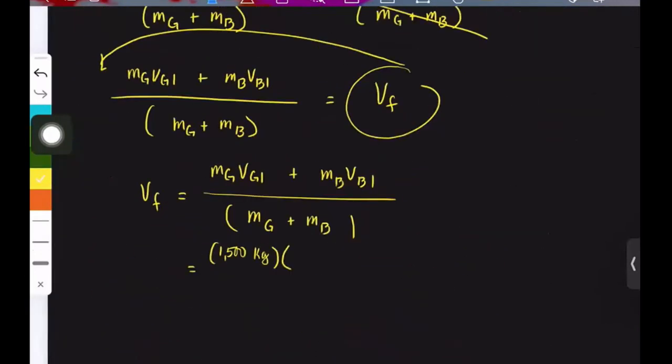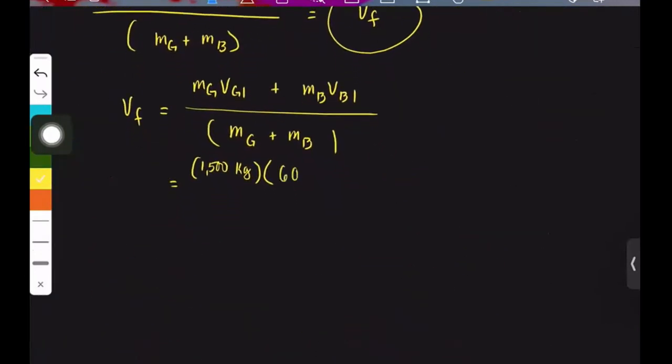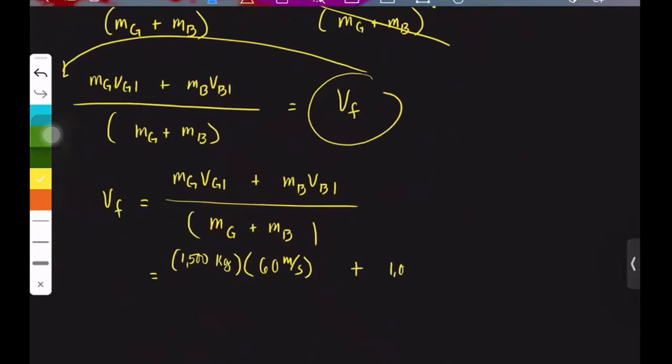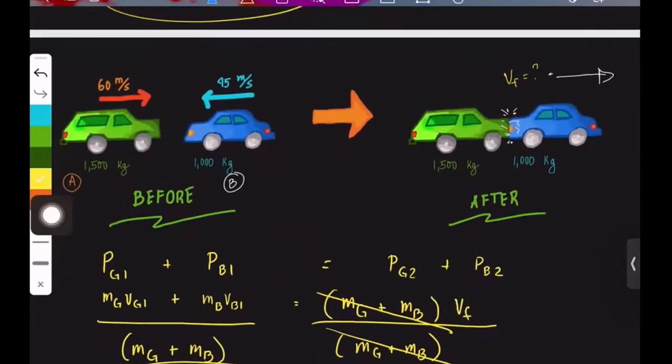So you put there positive 60 meters per second plus the mass of the blue car, which is 1,000 kilograms, multiplied by the velocity of the blue car before the collision. When you check the picture, the blue car is moving to the left side of the screen.